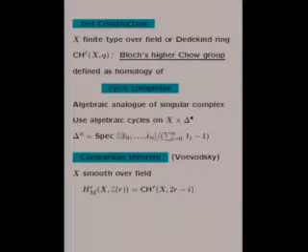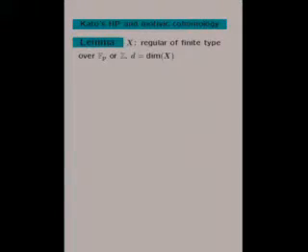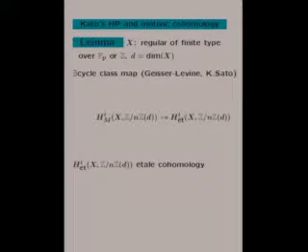Now, how is the cohomological Hasse principle related to the motivic homology groups? This is given by the following lemma. For X regular of finite type over F_p or an integer ring, of dimension d, we have a cycle class map from the motivic homology group to the étale homology group.